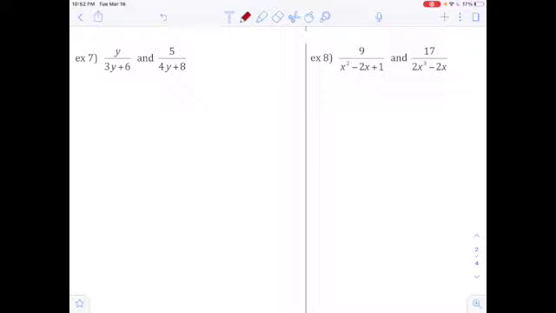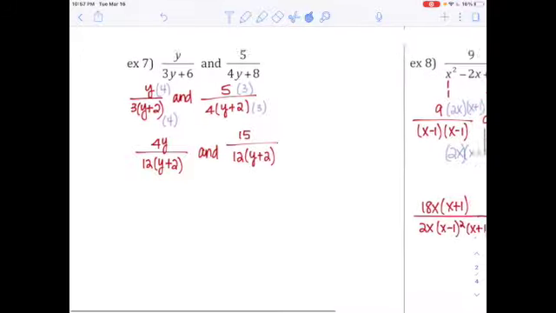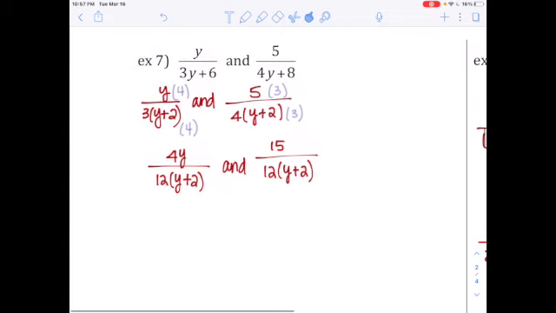So please give a try to example 7 and 8 and come back and check with your answers. The answer for example number 7, the denominator, is going to be 12 times y plus 2: 4y over 12 times y plus 2 and 15 over 12 times y plus 2.